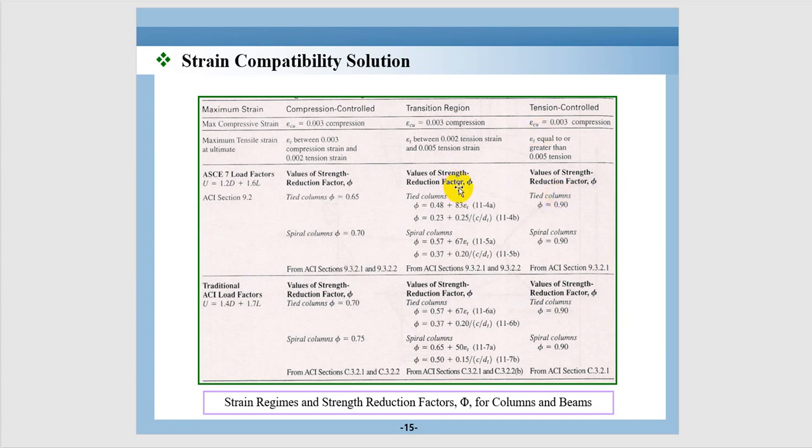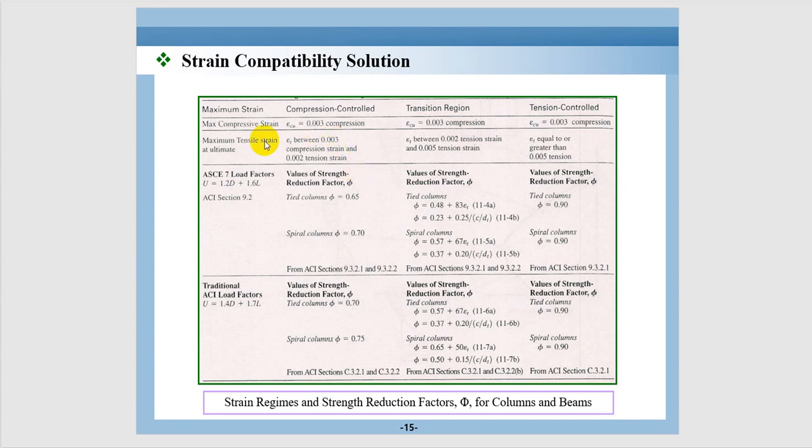In transition regions, we're going to use a phi factor between 0.65 and 0.90, based on this formula. For example, for tied columns we have 0.48 plus 83 times epsilon t, whereas spiral columns use this formula. We actually have two formulas, 11 for A and 11 for B, and also two formulas, 11 5A and 11 5B, for transition regions.